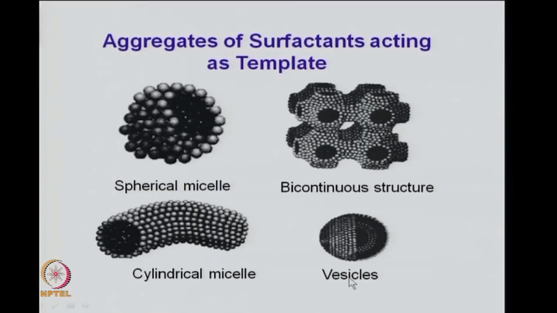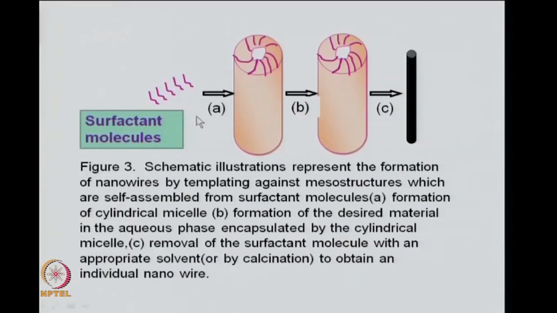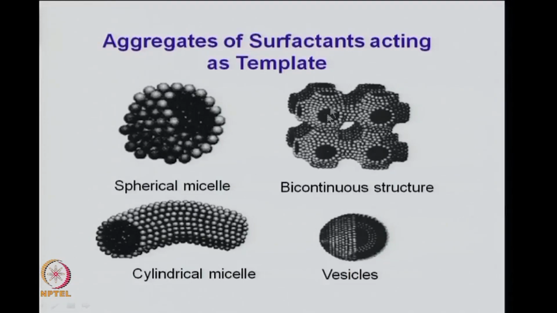You can make use of these as templates and synthesize your material within this cylinder or within this sphere or within this so-called bicontinuous structure. Depending on the type of surfactant, its concentration and the solvent in which it is present, you can have different kinds of structures, and you can then synthesize a new material within these structures.